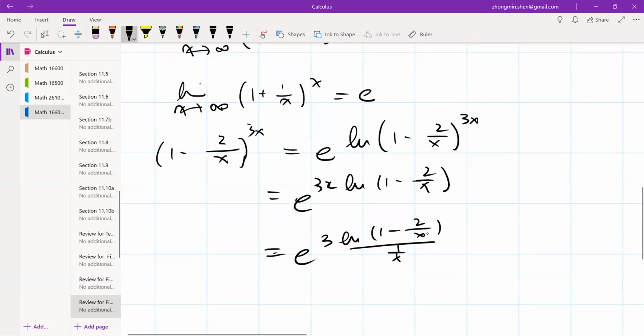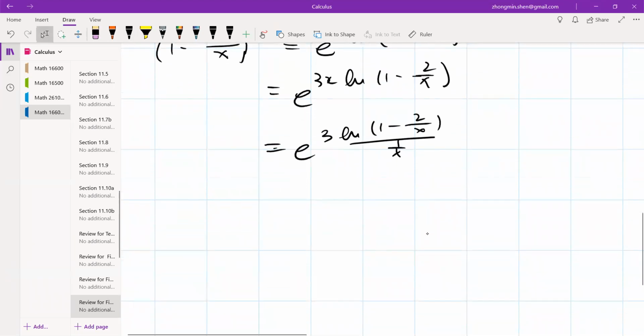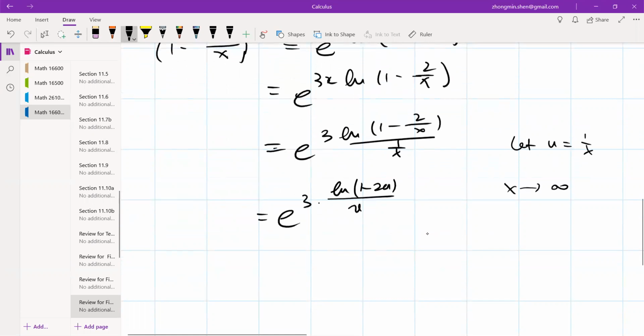So you can change the variable: let u be 1 over x. Then you get 3 over u times natural log of 1 minus 2u. When u approaches 0, so x approaches infinity is the same as u approaching 0 from the positive side.